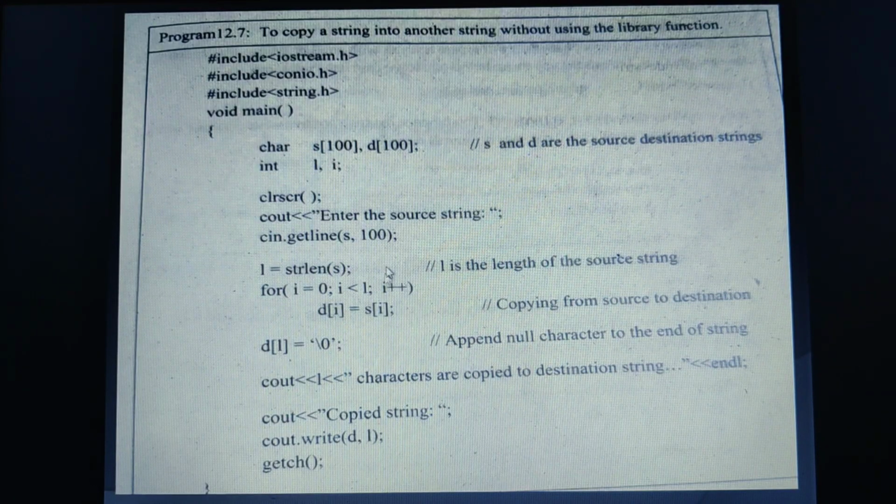So, isn't it I need to iterate over the entire string here? Therefore, for i is 0, i should be less than n, i plus plus. Whatever contents are there in S of i, move it into D of i.